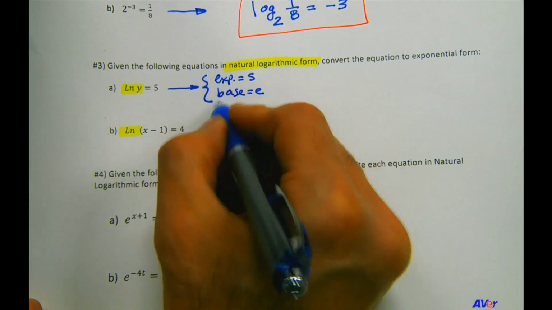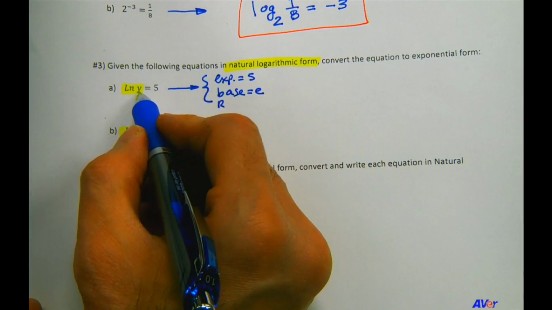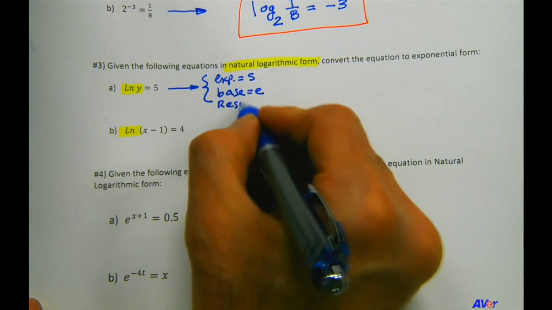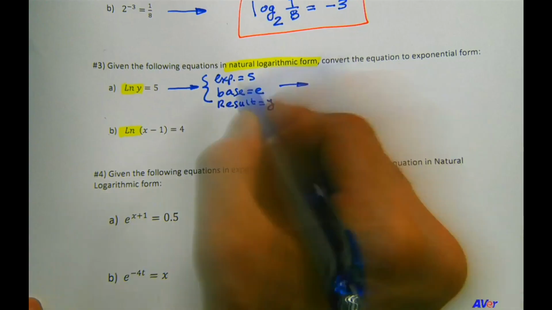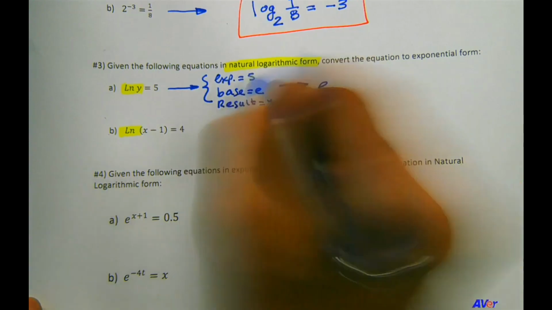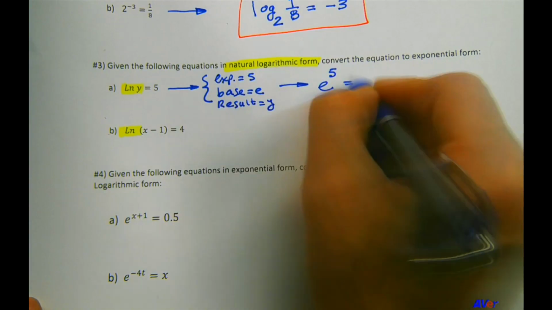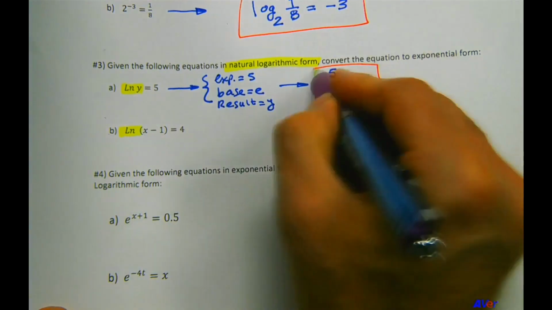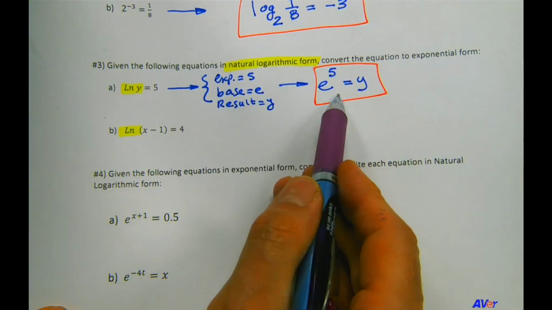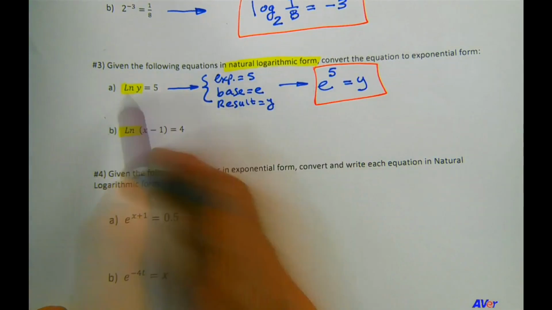And what is the result? Y is the only term left. So the result is y. So let's put it together then. The base is e, the exponent is 5, and the result is y. So this is the exponential form of this natural log form.